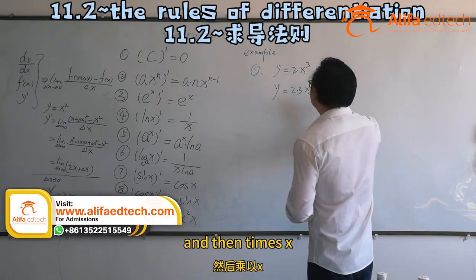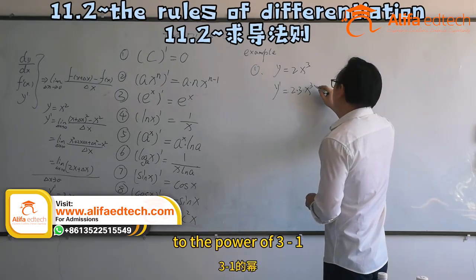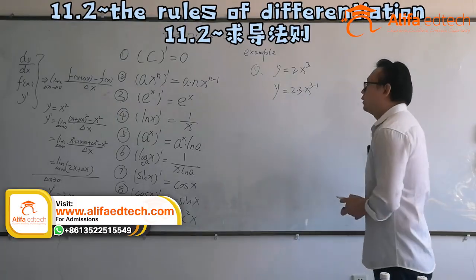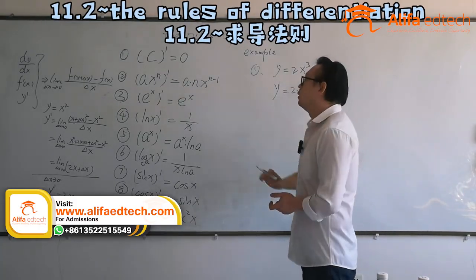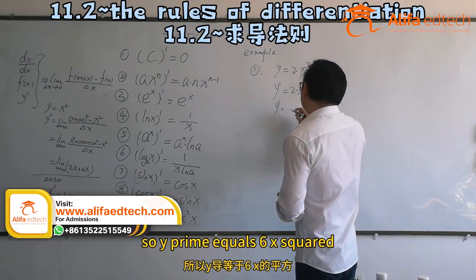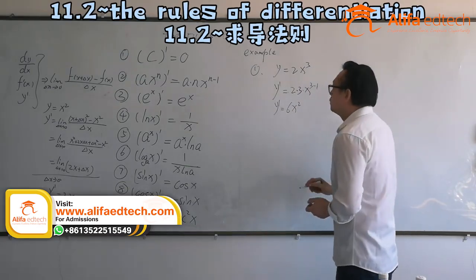and then times x to the power of 3 minus 1, according to the second rule. So y prime equals 6x squared. 2.